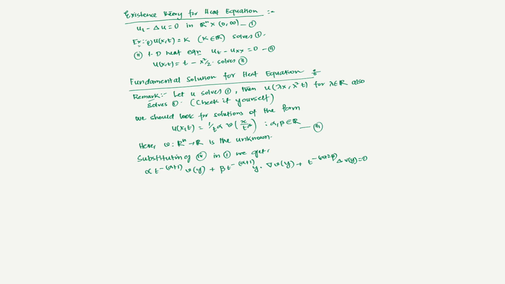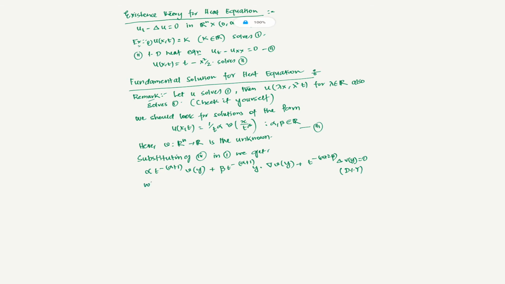How did we get this? I am just putting this into the equation. You write down what u t is, and after that what u xx is, and then you just put it together. This you also have to check yourself. It is a very easy thing to do and not a problem.